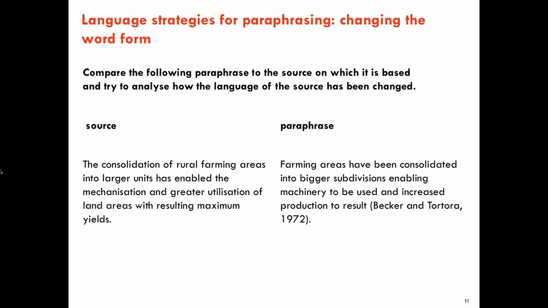Can you see what words appear in different forms? You might like to pause the presentation for a moment. You should be able to see that the noun consolidation has been changed to the verb consolidated. One form of the verb enabled has changed to a different form, enabling. The noun utilization has been changed to a verb with a similar meaning, used, and so on.